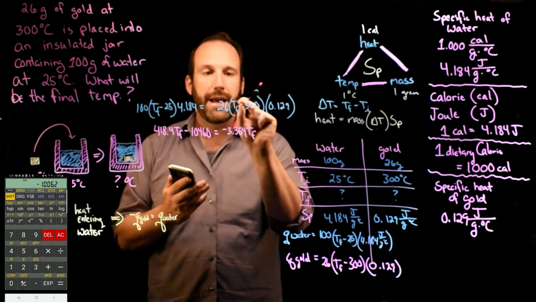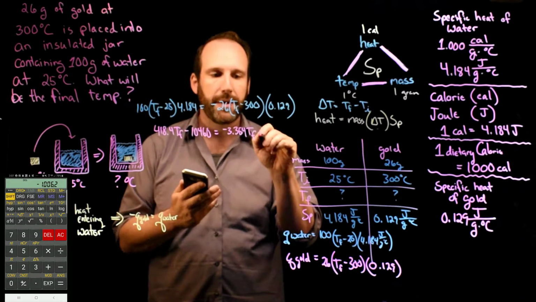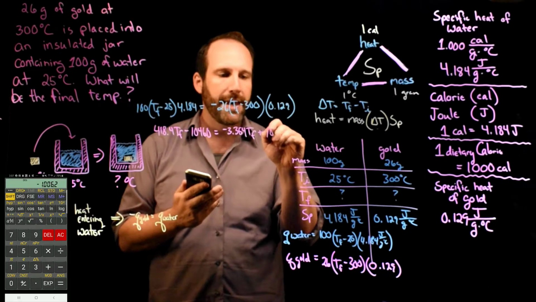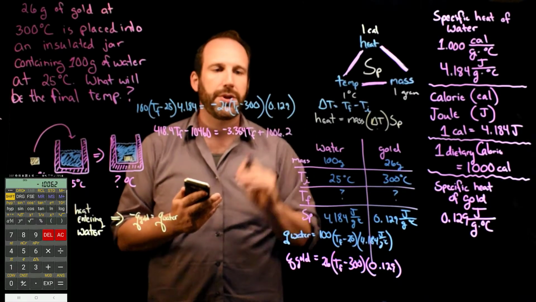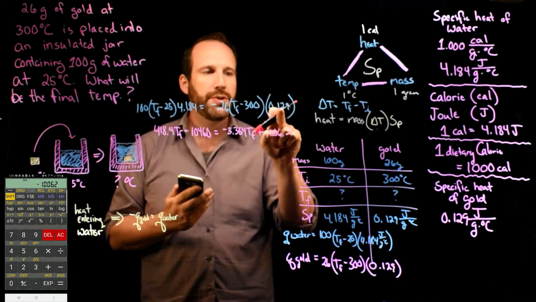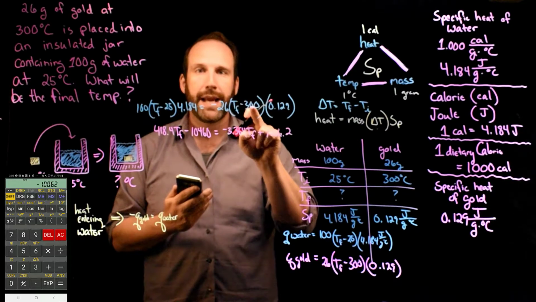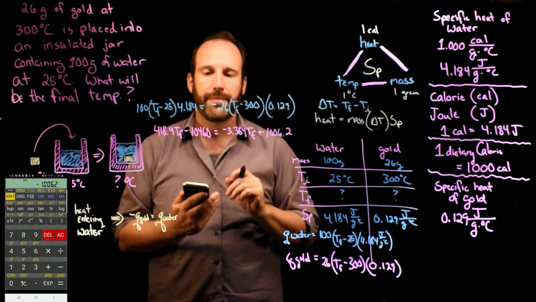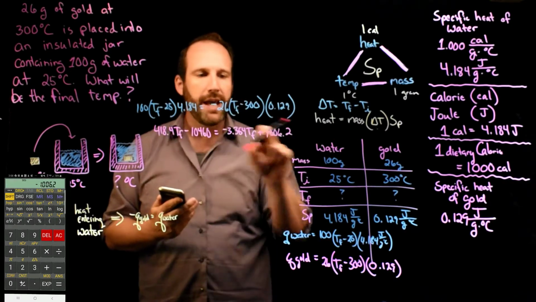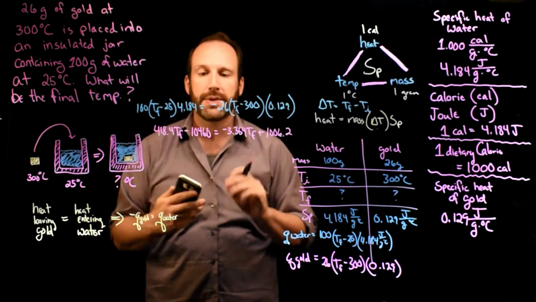So it's minus a negative, and minus a negative is going to be plus. So I'm going to say plus 1,006.2. Negative 26 times 0.129 times 300 was a negative number, and minus a negative number is a positive number. And so now I've got TF on both sides of the equation, and numbers that don't have a TF on both sides of the equation.